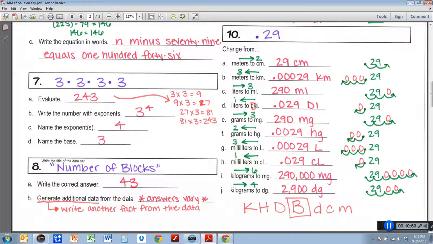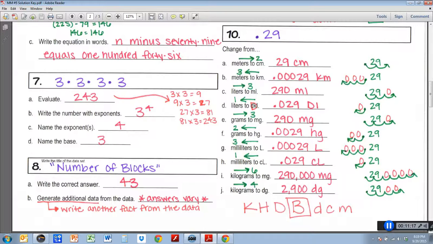Grams, which is our base, to milligrams, we're going to move 3 places to the right and move 3 places to the right in our answer. Grams to hectograms moves 2 places to the left on our chart and on our number, 2 places to the left.